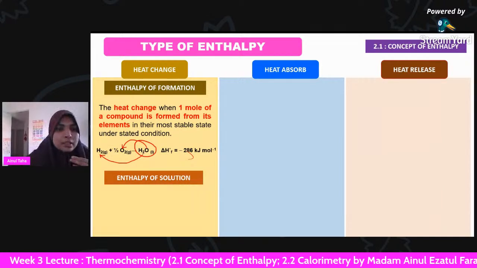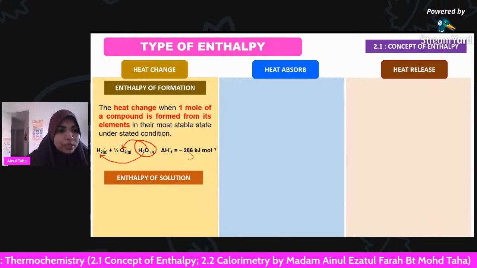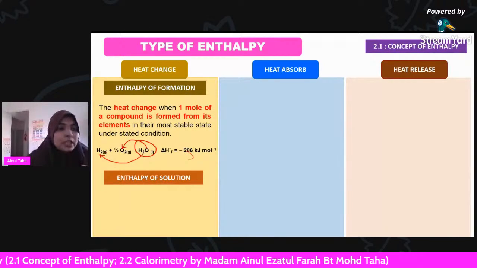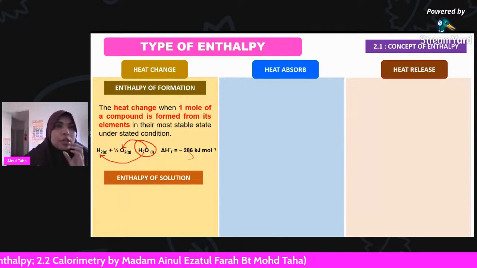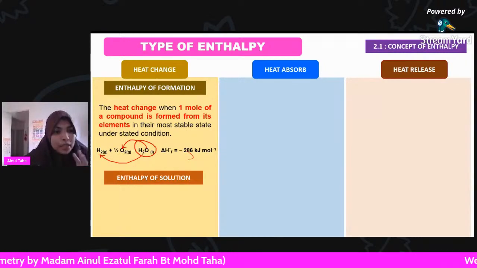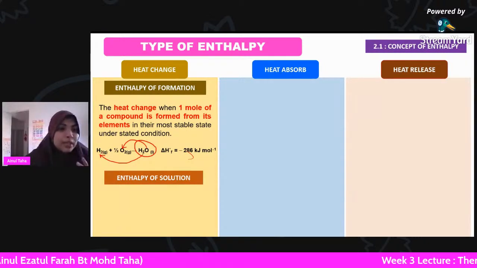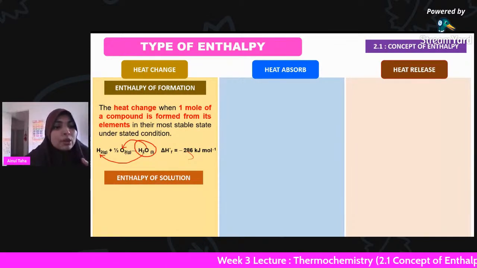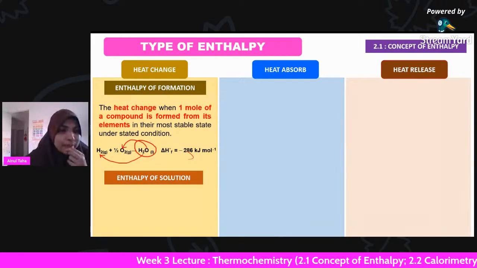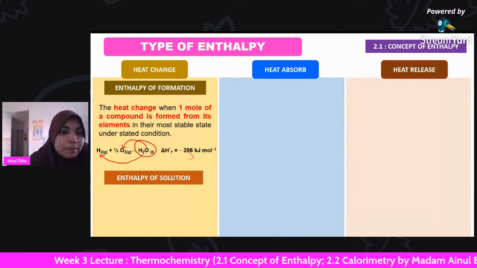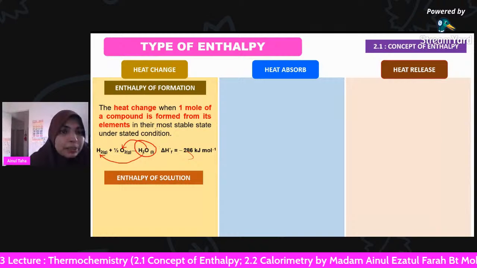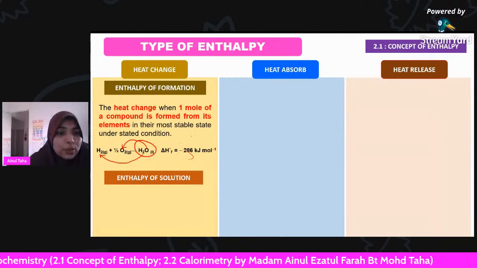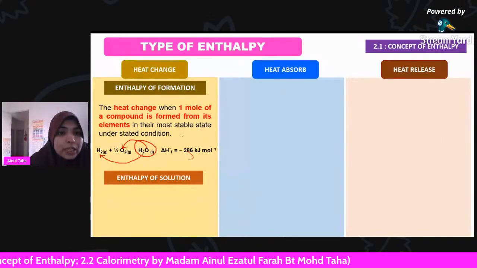state. For hydrogen, we understand it appears in the normal condition in the form of gas, that's why we write H2. The same goes for oxygen. When the question says enthalpy of formation, we know we want to form water. So what are the elements?